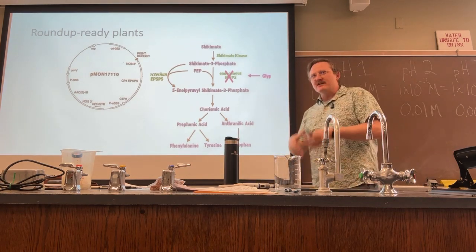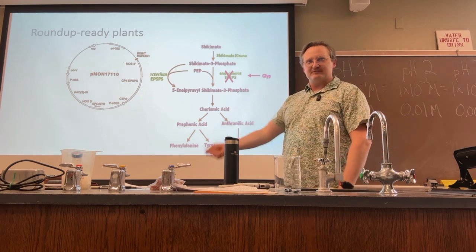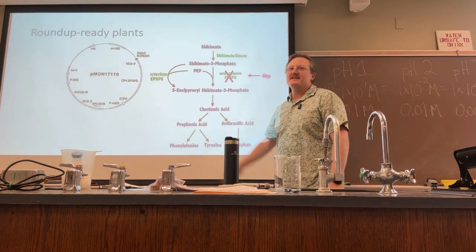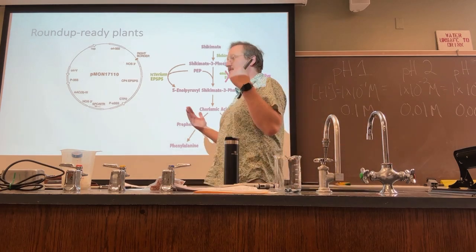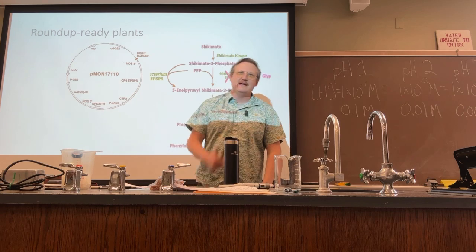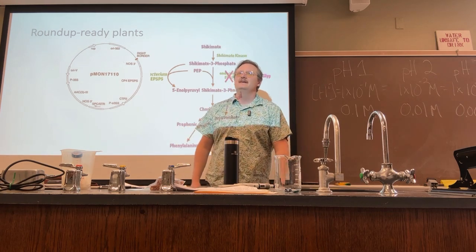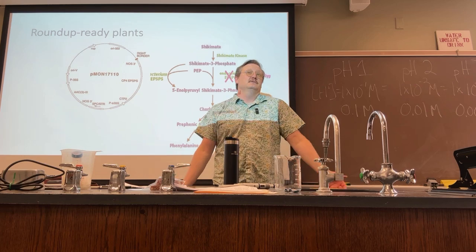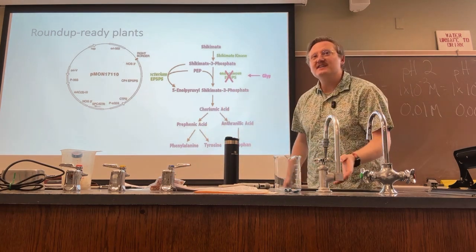So you genetically engineer a plant and make it Roundup Ready, and no matter how much glyphosate you spray on it, it keeps making the amino acids. So if you're doing agriculture and you want to keep your big field of corn free of weeds, you just make Roundup Ready corn, and then you just spray the field with Roundup, and that kills everything else. There you go. Problem solved.